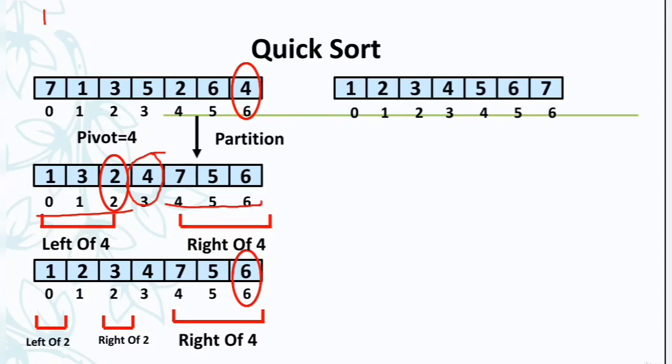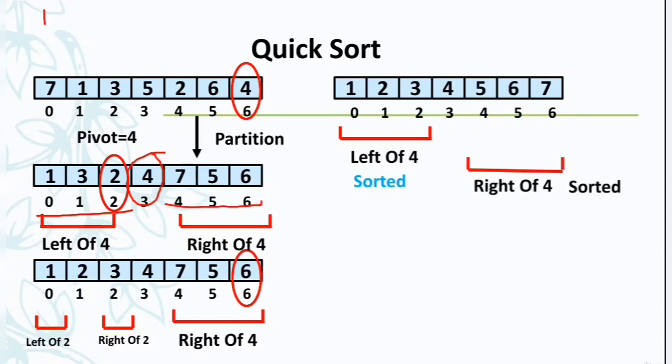In the next case, we have the pivot element as 6. In the left part of 6, we have the element 5, which is smaller than 6. And in the right side of 6, we have the element which is greater than 6, that is 7. Now the left part of 4 is sorted, which we did in the earlier part.